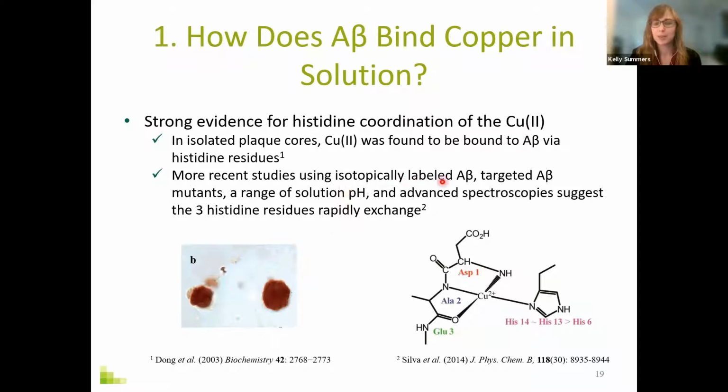There's isotopically labeled amyloid beta. They've used targeted amyloid beta mutants, a range of solution pH, as well as advanced spectroscopies to suggest that these 3 histidine residues might rapidly exchange in solution. So that most of the time you have histidine 13, histidine 14 bound, but histidine 6 may be bound part of the time as well.